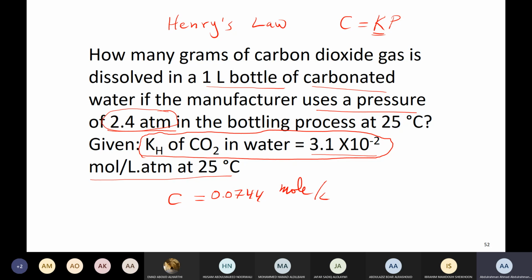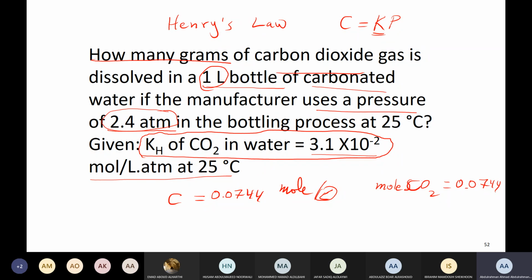All right. This is 1 liter, and I want to change it to how many grams of carbon dioxide. How can I change this? Since it is 1 liter, how many moles? It's the same. CO2 is equal to 0.0744 mole.